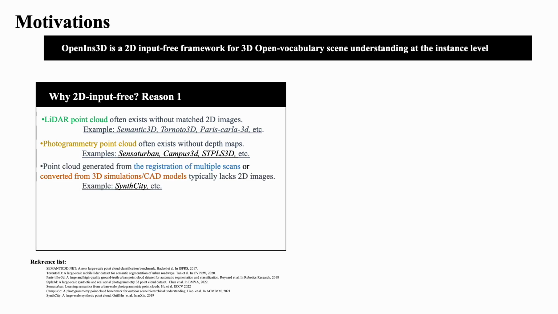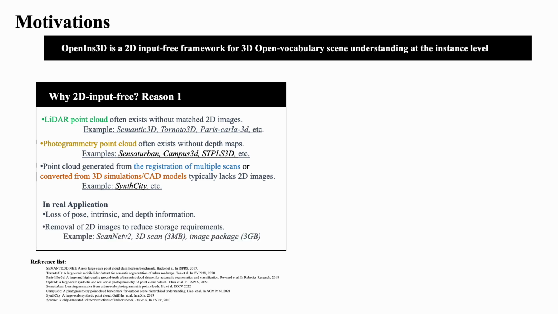This also applies to point clouds generated from the registration of multiple scans or converted from 3D simulators, CAD models, etc. In real applications, the alignment information might be missing in the transferring process, and the 2D images might be removed to save storage. An example is in ScanNet V2, the 3D point cloud for a scene is typically 3 MB, while the image package for a scene is typically 3 GB.